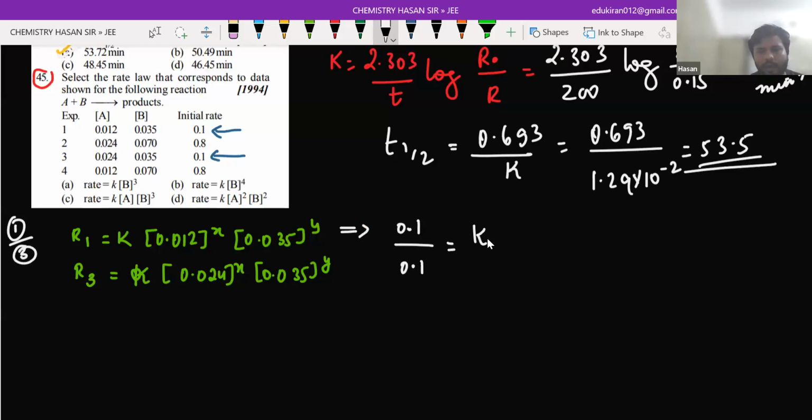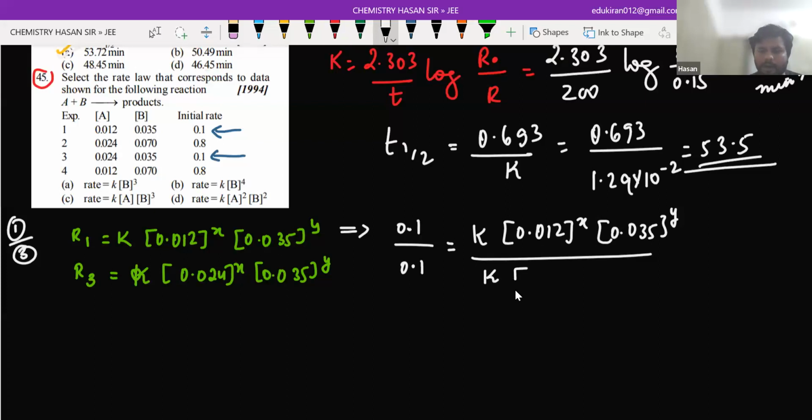That will be equal to K into 0.012 raised to the power x into 0.035 raised to the power y, divided by K into 0.024 raised to the power x into 0.035 raised to the power y. You only need to make the equation and then calculate. This and this will be cancelled because power and base are the same. This and this will be cancelled.